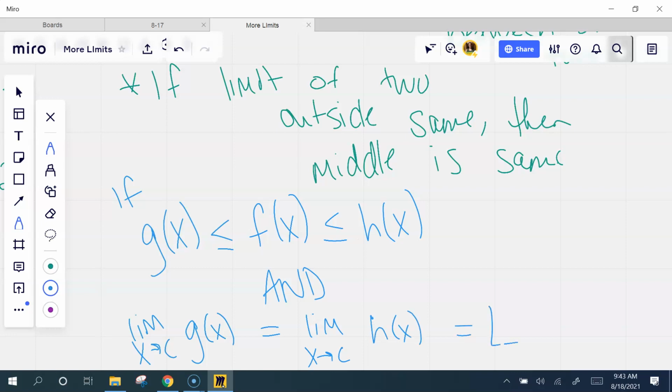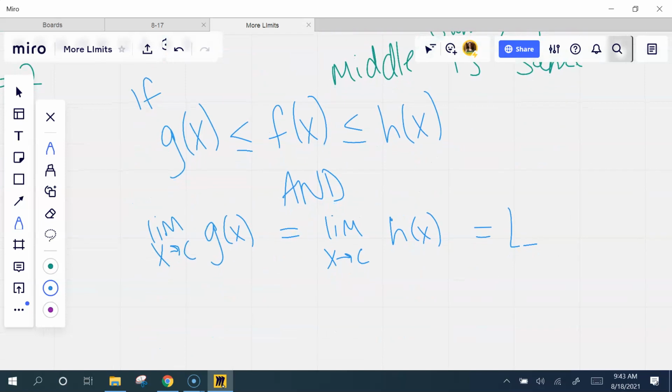If those 2 things equal some arbitrary value, then the middle one does also.